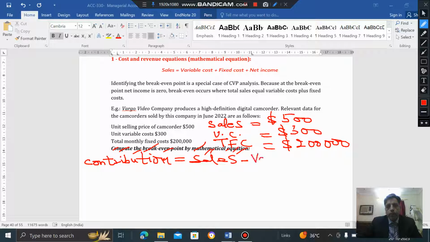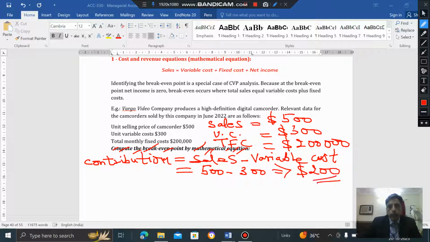So contribution is sales minus variable cost, per unit. Remember, contribution is always calculated per unit. Sales is how much, given here, 500, and this is 300, so it comes to $200. So you can now use the contribution, and from this unitary method I will explain one of the formulas used to calculate the break-even point in units.